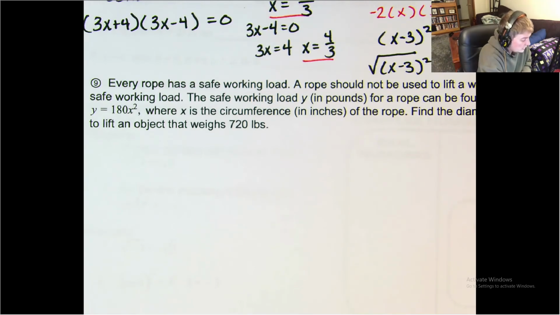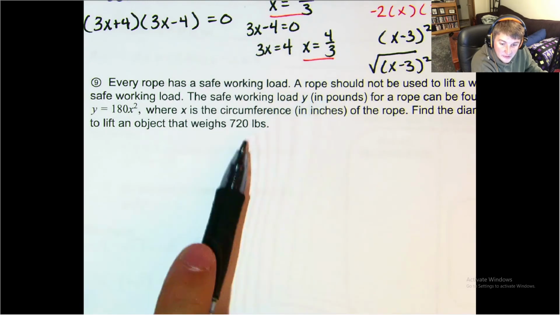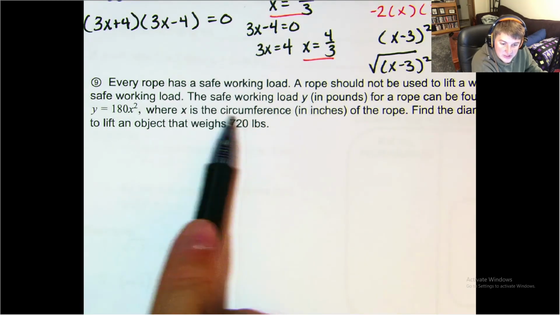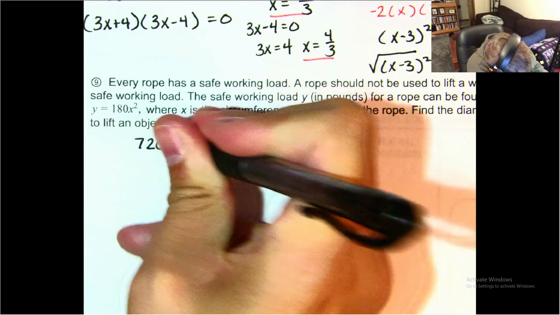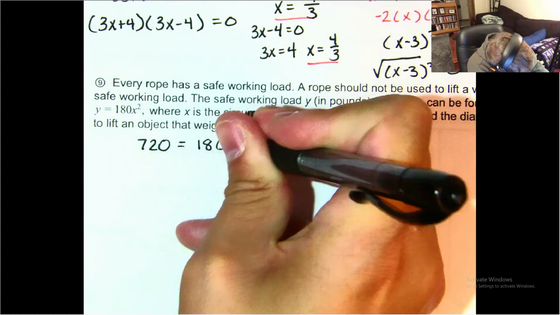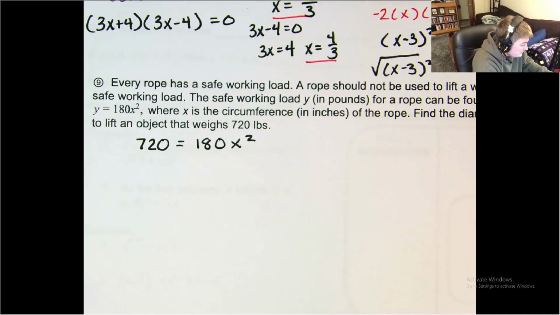Okay, so what we can do here is we know that the y is the working load, weight in pounds. So I can go ahead and replace y with 720. Now I'm looking at this, and when I solve problems like this, I would like to take out the greatest common factor.